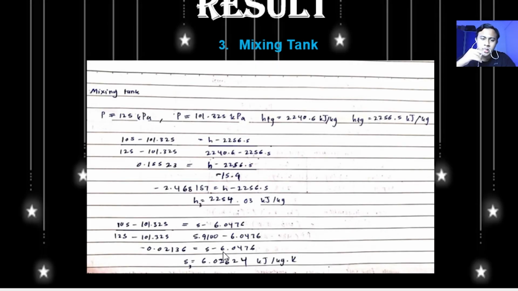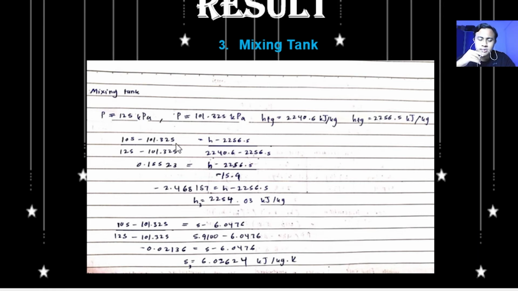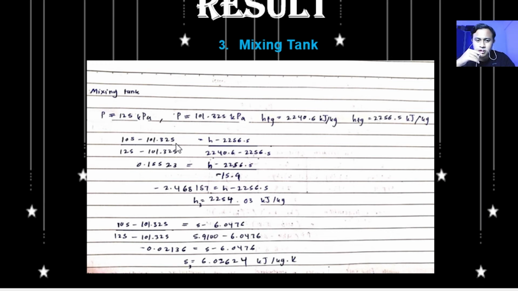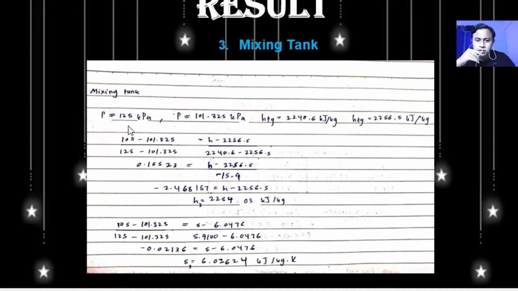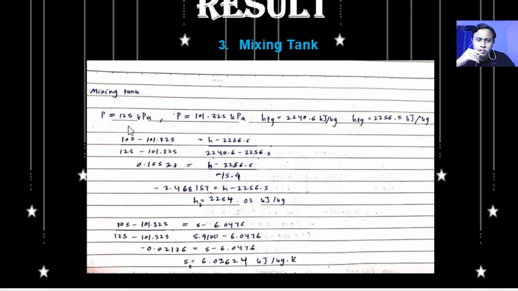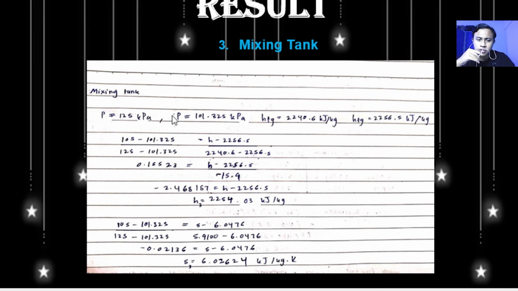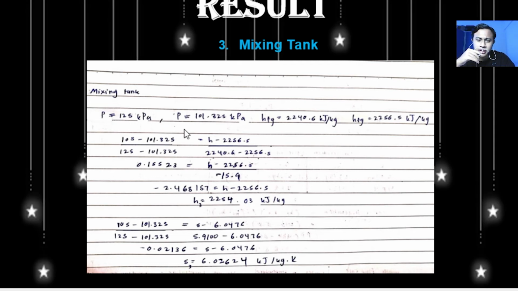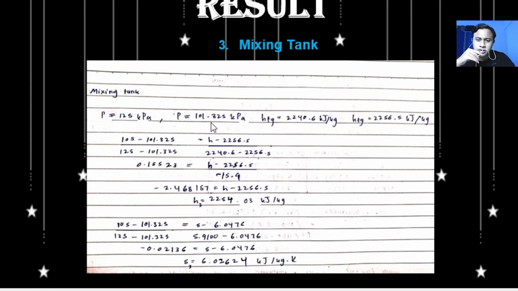For the mixing tank, we do not refer to the saturated water temperature table, but we refer to the saturated water pressure table. In the pressure table, 105 kilopascal does not exist. It is between 101.325 kilopascal and 125 kilopascal.